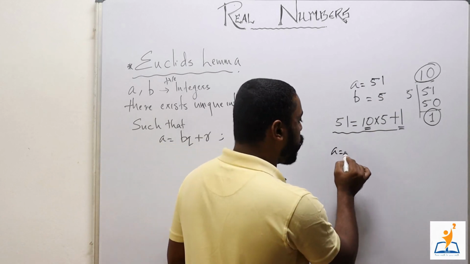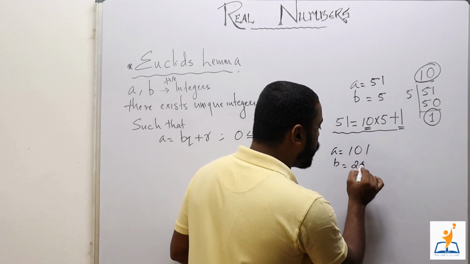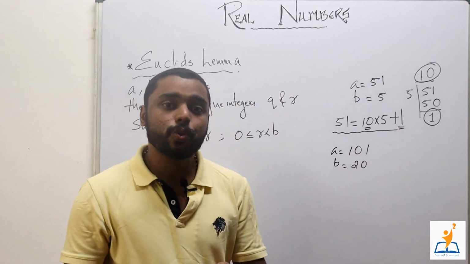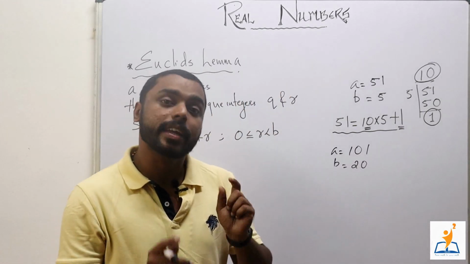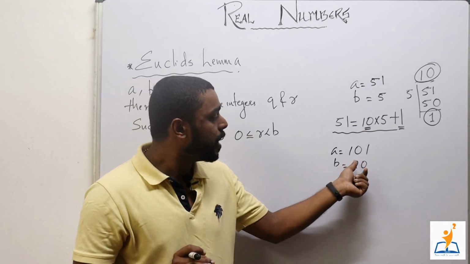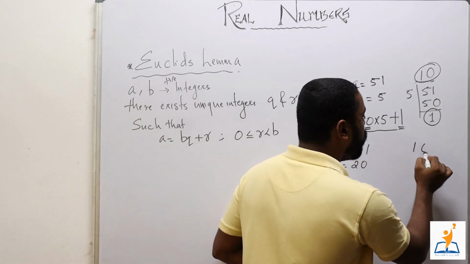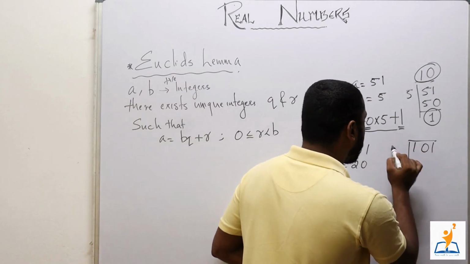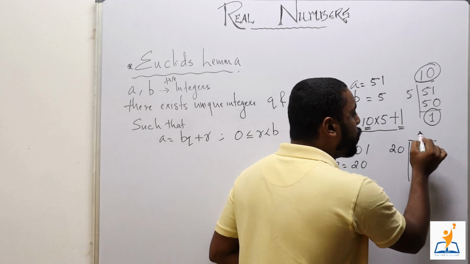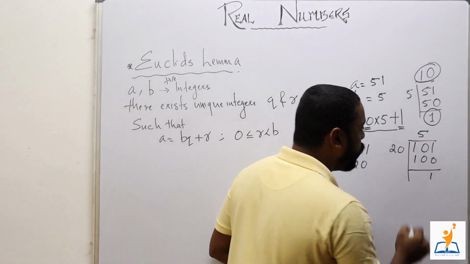Let a is equal to 101 and b is equal to 20. Then in order to verify Euclid's lemma, it is enough for us to divide the bigger integer by the smaller integer. We shall check it. 101 divided by 20: 5 times 20 equal to 100 and the remainder will be 1.